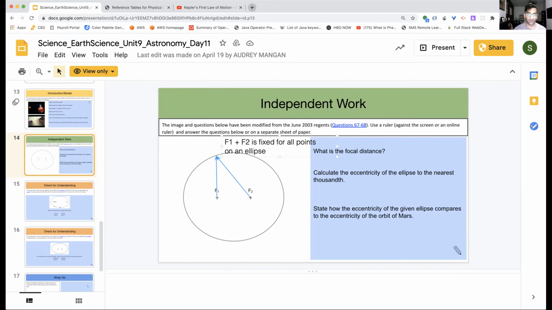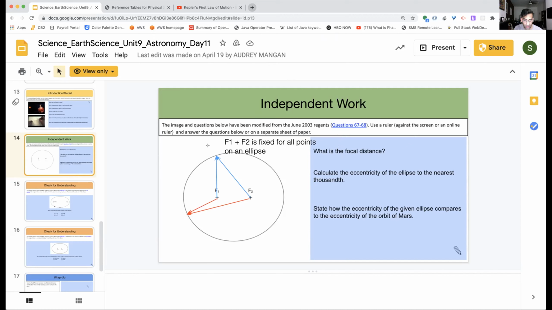All right. So if I drew arrows to those two points, the sum of their distances would be the same as the distance from F1 and F2 to these other two points. All right. So that's how we make the shape of an ellipse.